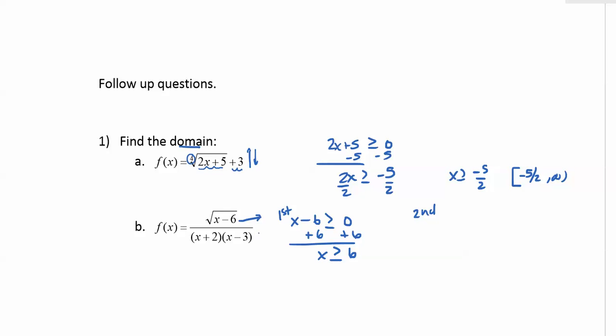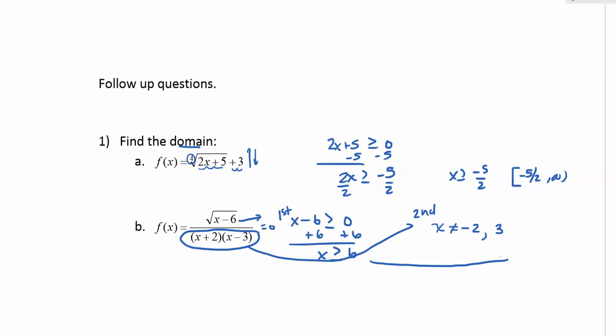Now second, you have a fraction. With fractions, you cannot divide by 0. So you get restrictions from the denominator where you set those groups equal to 0 and you find those restrictions in the domain. So from the denominator, x cannot be negative 2 or 3. Now we have to figure out the overlap of these two restrictions in the domain from the square root and from the denominator.